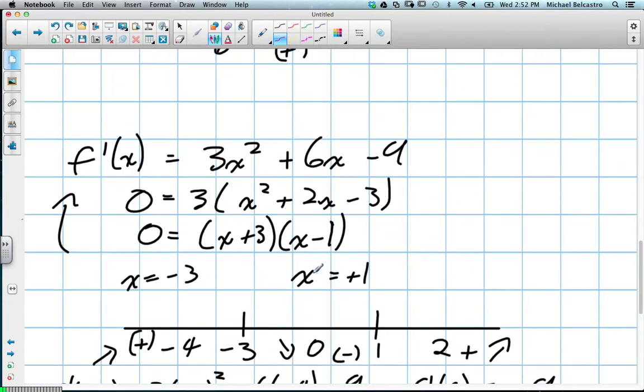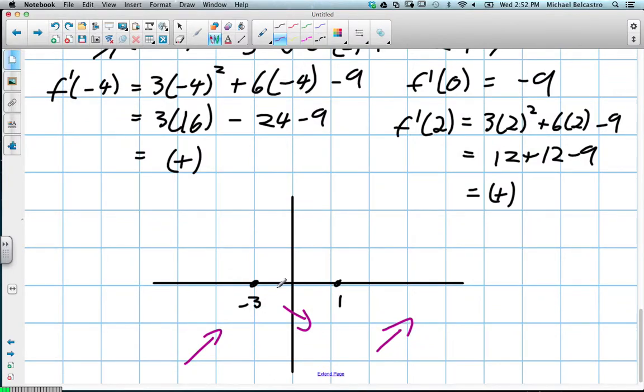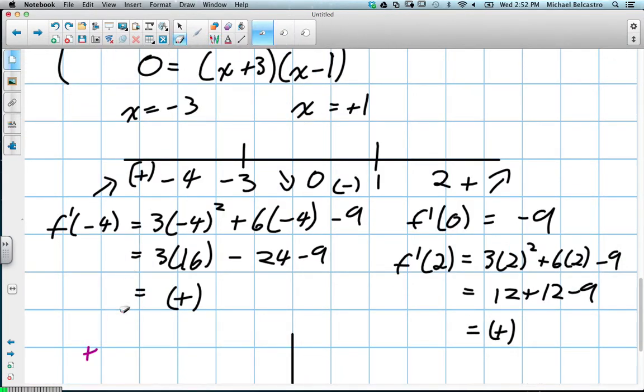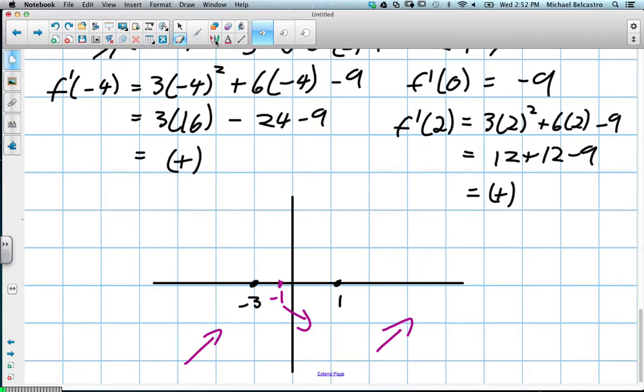So negative 1 is our critical value here. We were concave up first, was it? No, down. Thank you. So we are concave down up to negative 1 and concave up after those points.